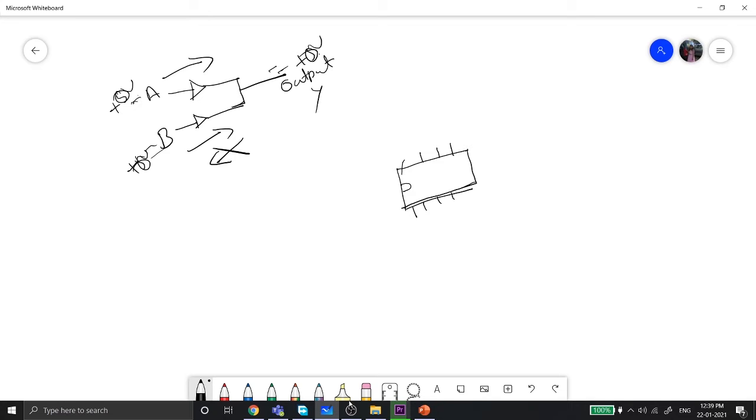If the notch is here, you place that on the left hand side and you start numbering from here, 1 2 3 4 and 5 6 7 8. So this is how you identify the pins of an IC. If you are told to connect to the 8th pin, you place the notch on the left hand side and you connect the 8th pin, that's the last pin, to something like, let's say, an LED.